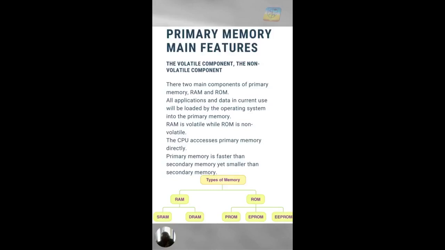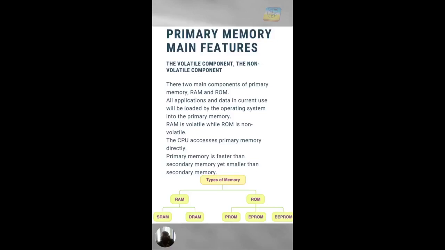When we start a computer, all applications and data that are used by the computer are loaded by the operating system into the primary memory, which is mostly the RAM. While those programs that help the computer start itself, or do bootstrapping, are loaded in the ROM, which is read-only memory.